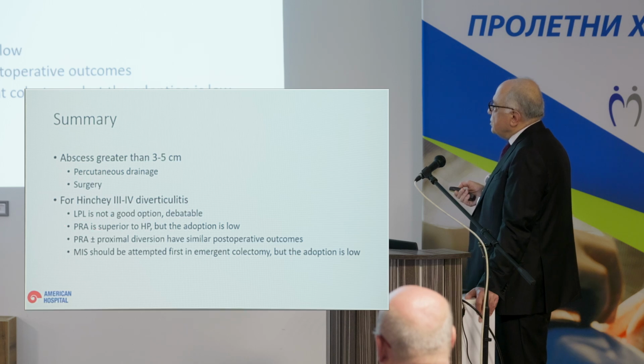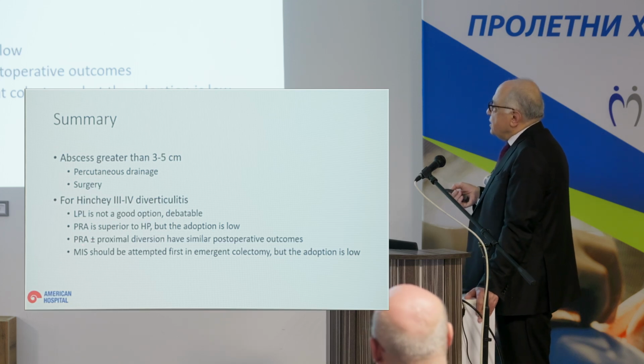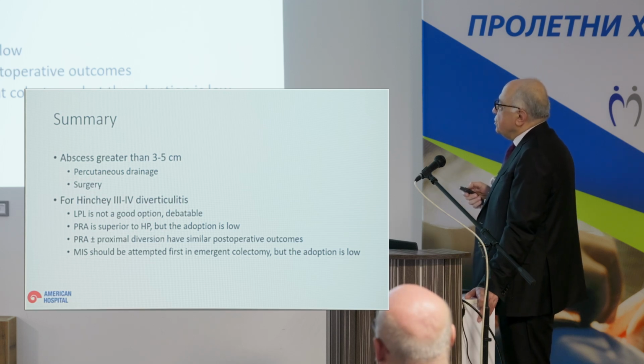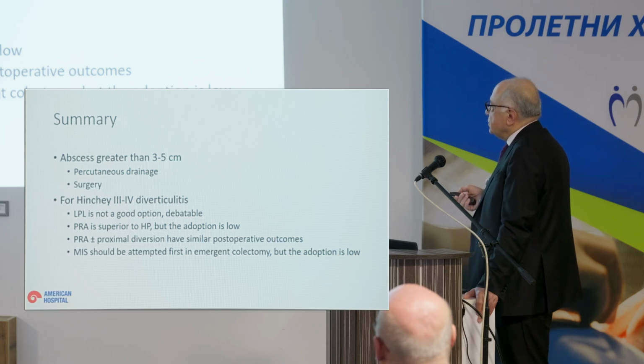Resection and anastomosis is superior to the Hartmann procedure, but the adoption of resection is low in our era. Resection with or without proximal diversion has similar postoperative outcomes, and if you have some courage to do resection without diversion, it's a good option.